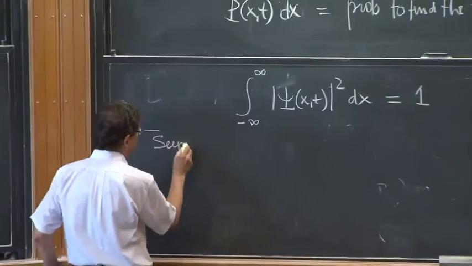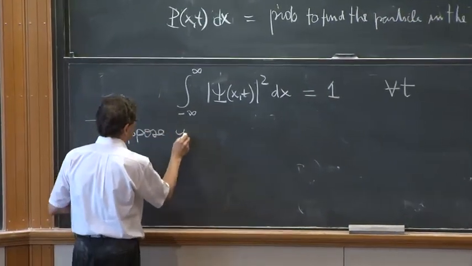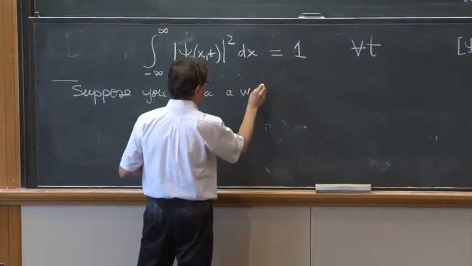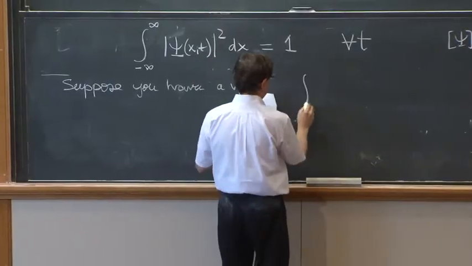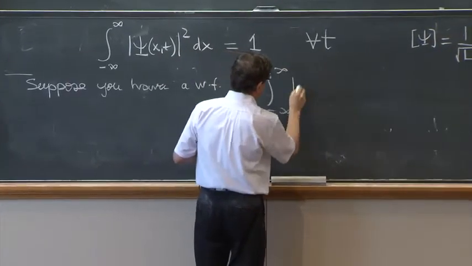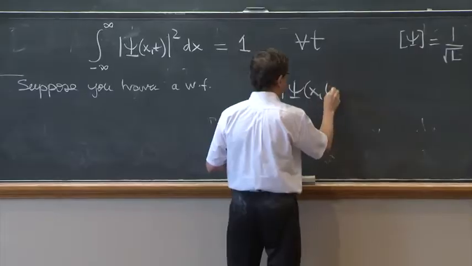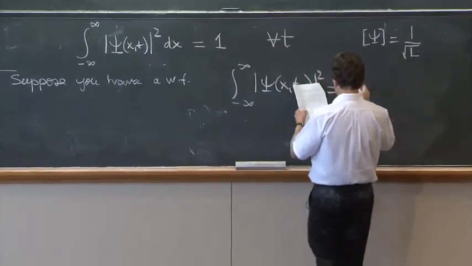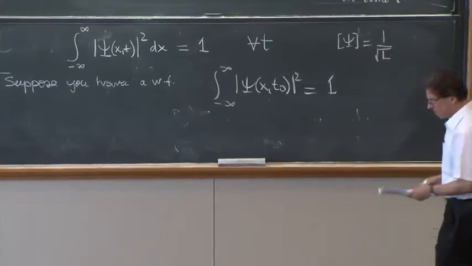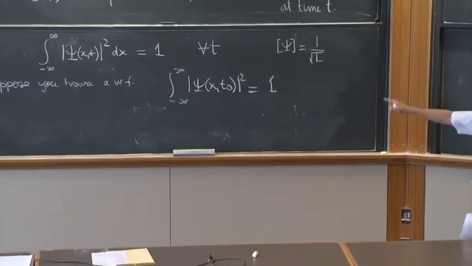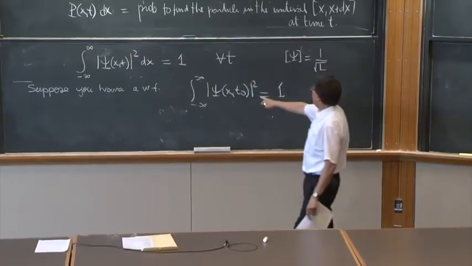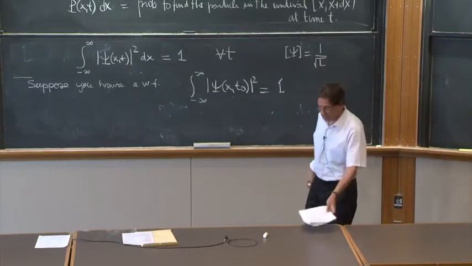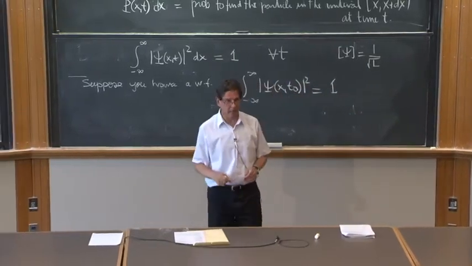Suppose you have a wave function such that the integral of this quantity at some specific time is equal to 1. Will this integral be equal to 1 for all times, given that it is 1 at some given time?